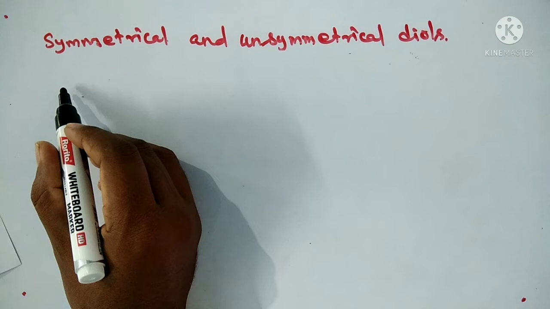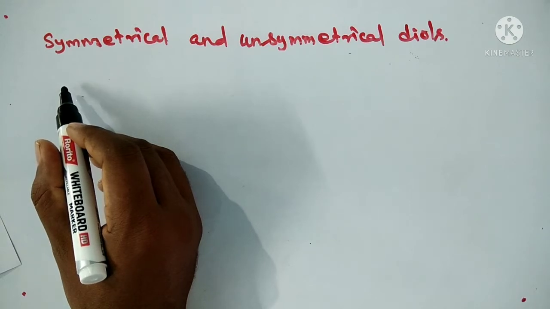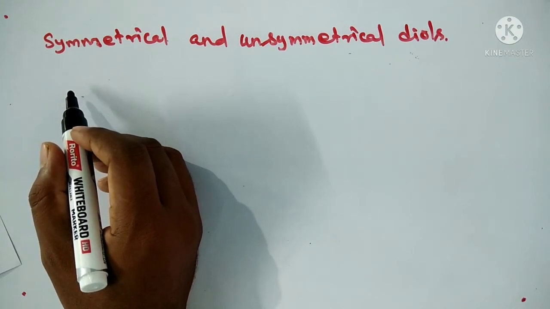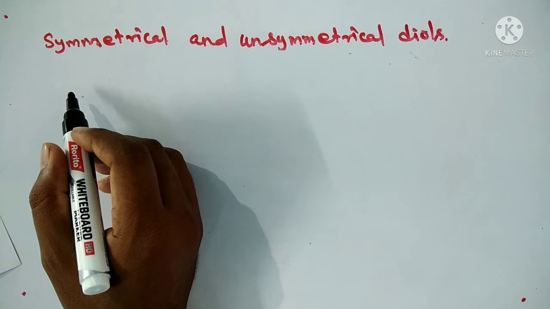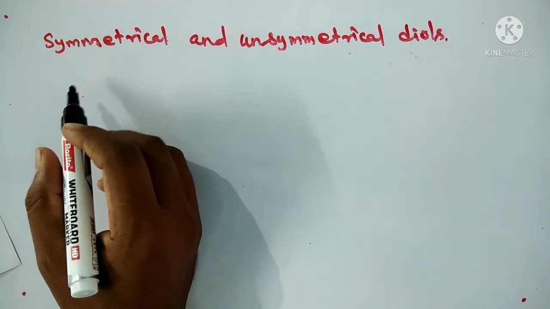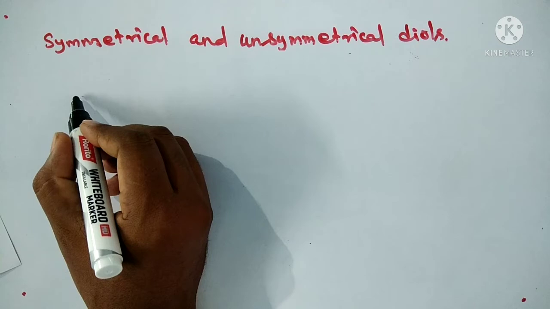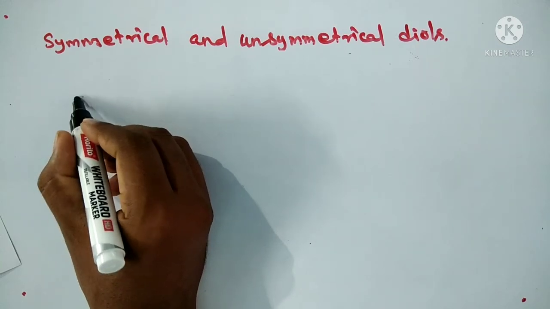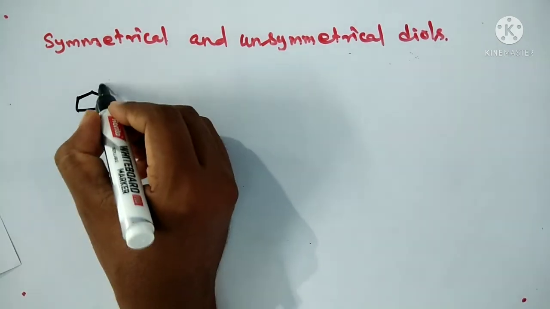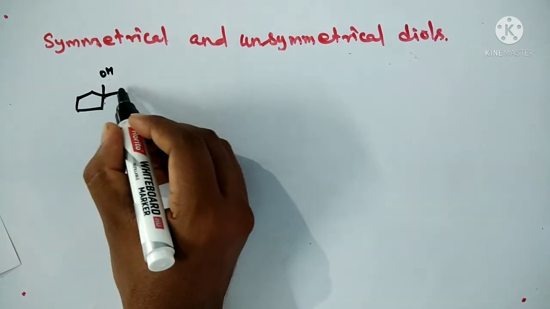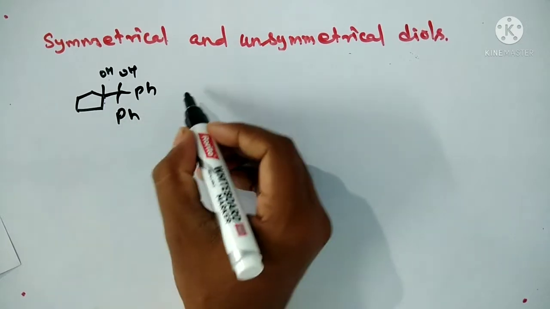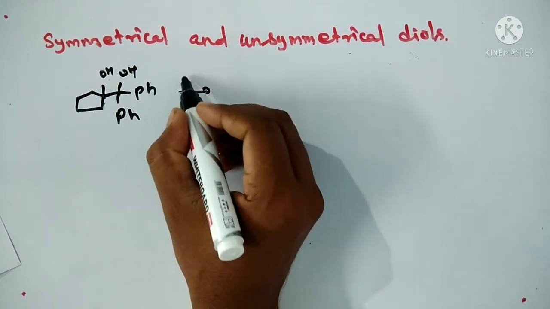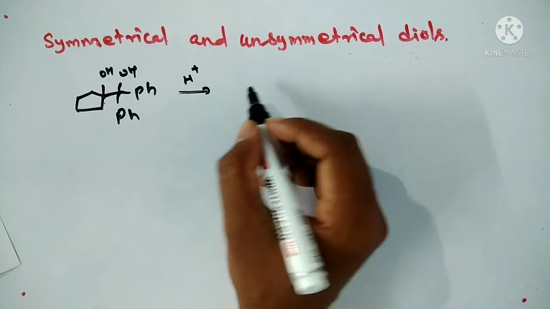In the unsymmetrical diol case, it is important which way the reaction goes. Usually the reaction leaves behind the more stable carbocation. For example, take this example: OH, OH, phenyl, phenyl, with H plus.